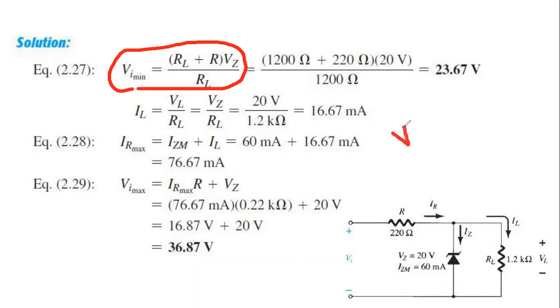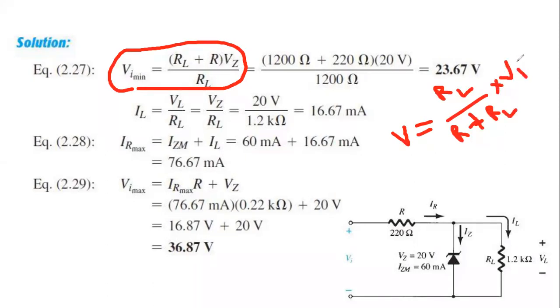So V equals RL divided by R plus RL, my students, into Vi.